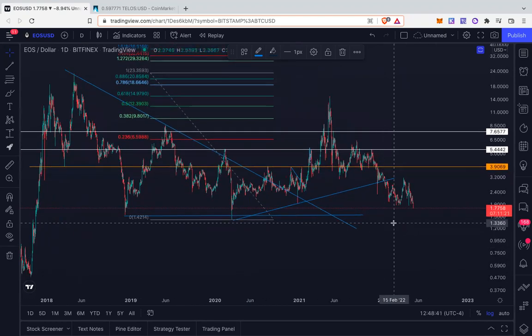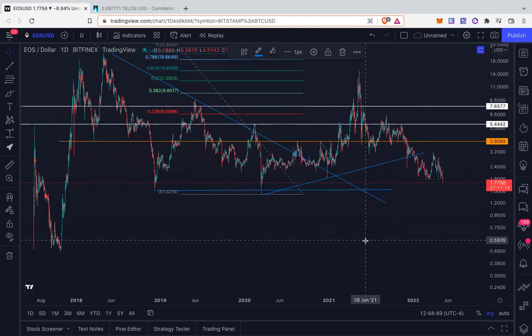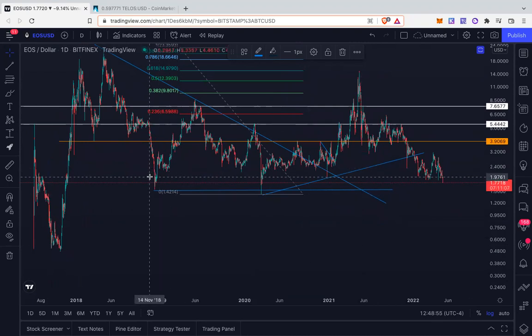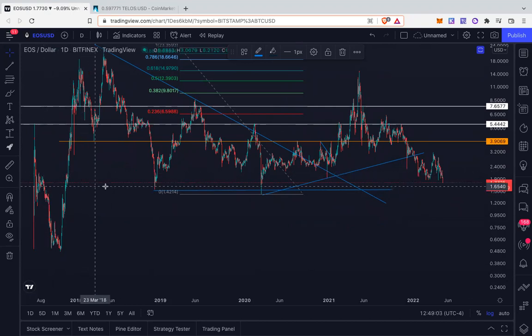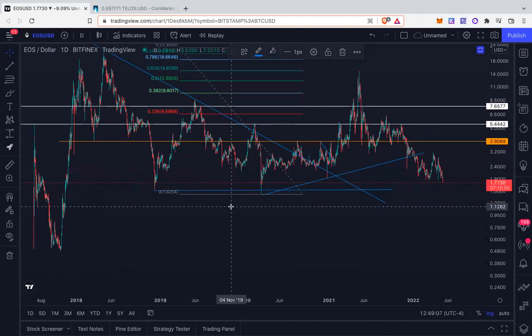And so EOS right now is at near critical support at 170. I'm expecting EOS to hit its ICO price back at 50 cents. You can see, you look left, it's already broken this support around 213. These wicks are like, you break 150, it's over.